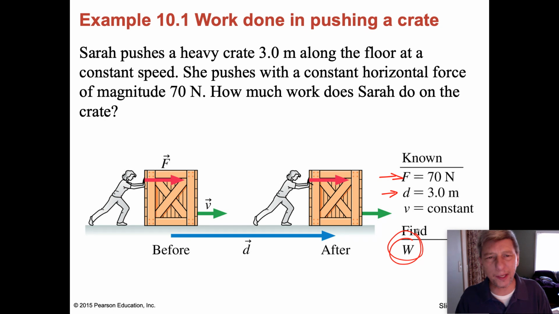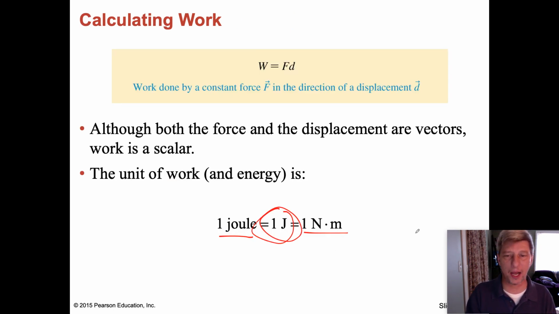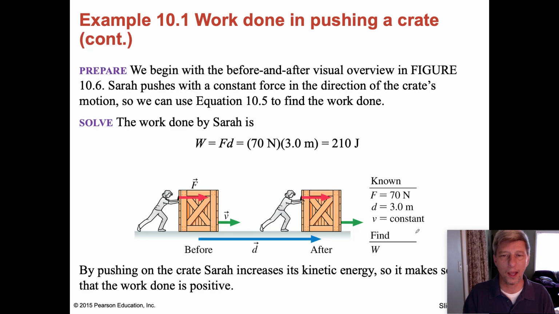Well, easy peasy. We go back to the previous slide where W equals F times d, and we can simply use that formula to calculate the amount of work done. We begin with the before-and-after visual overview in figure 10.6. Sarah pushes with a constant force in the direction of the crate's motion, so we can use equation 10.5 to find the work done.